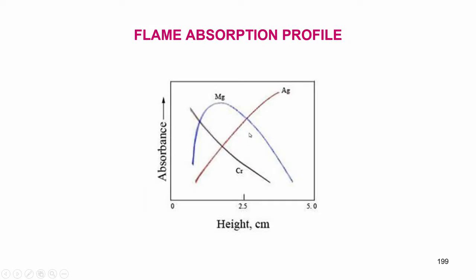We have also said that the optimum temperature for the production of vapor phase atoms is different for different elements. I had shown you this figure: for example, for chromium the optimum height should be as near the flame as possible, but for magnesium it is somewhere around 2 centimeters, and for silver about 3 to 3.5 centimeters.